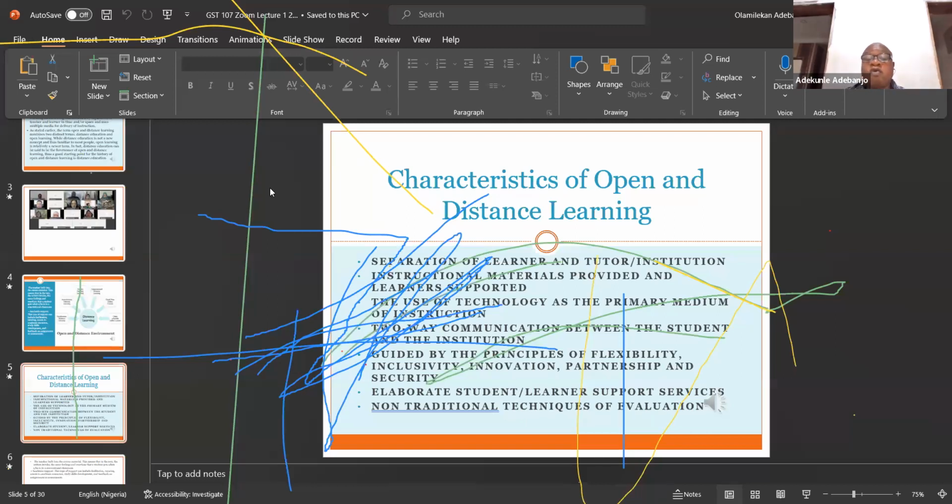So that leads us to the characteristics of open and distance learning. I've put down here, from the definition, you can see that it involves separation of learner and the tutor's instruction. So instructional materials are provided and the learner is supported.